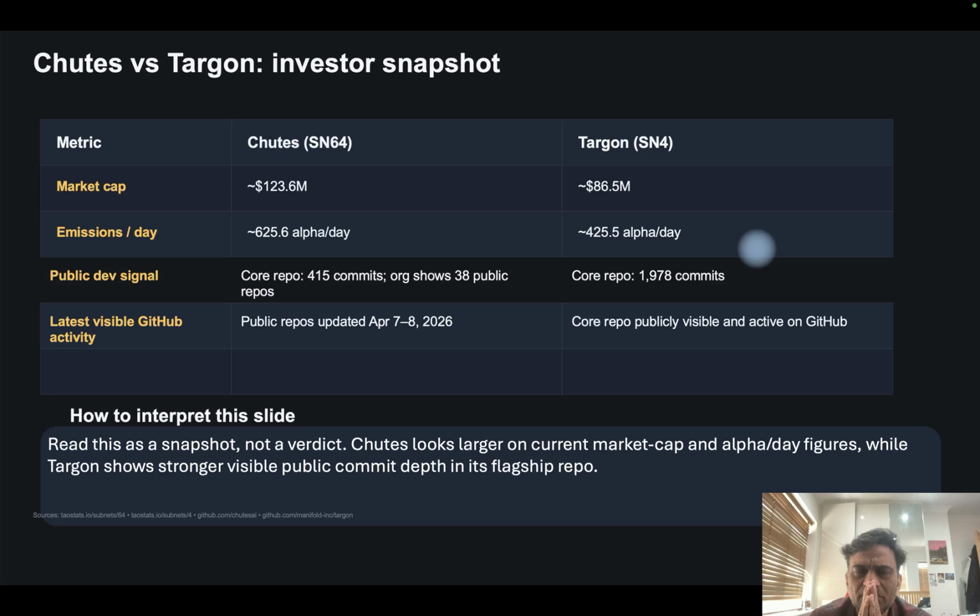And one other thing, again, we're talking about Shoots and Targon, but I've just recently come across Templar, sorry. It was one of the subnets talked about at an NVIDIA conference. Chamath actually highlighted that. It again has a very strong use case, but again, as I said, there's a kind of risk involved, right?